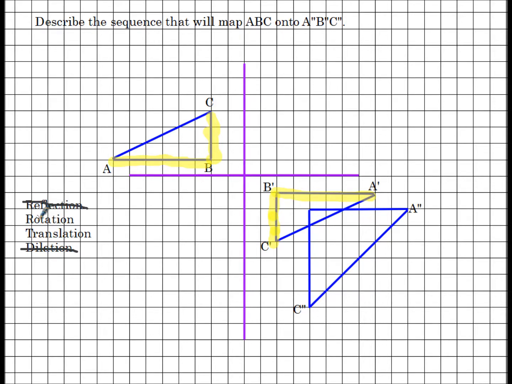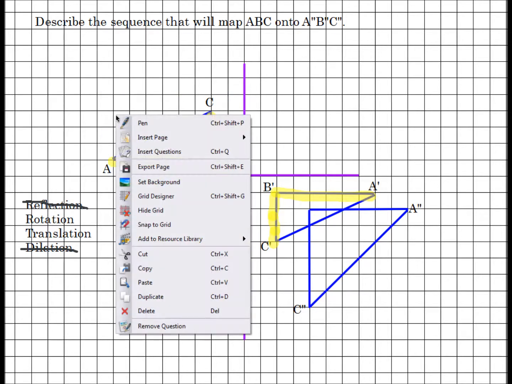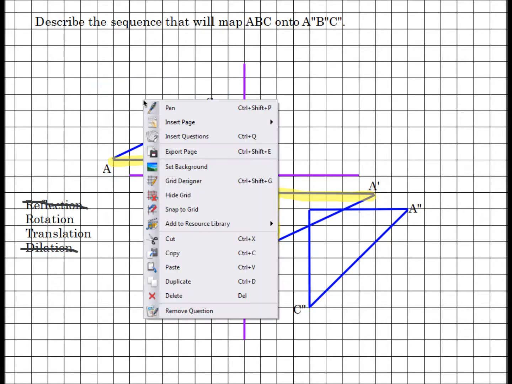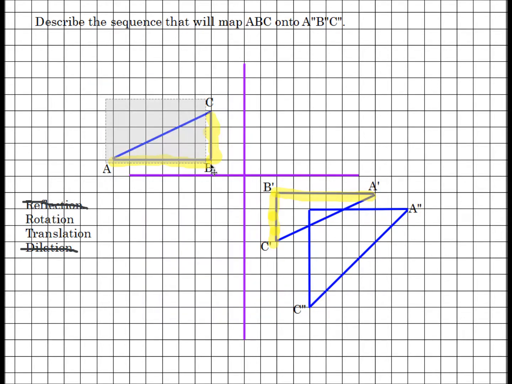When you translate a figure, the figure does not change the order. What am I trying to say? If I take this and I make a copy of it, or I take this and I decide to move it.